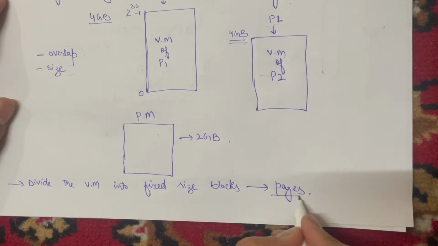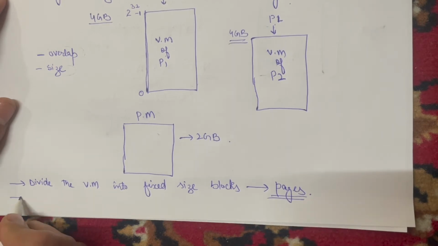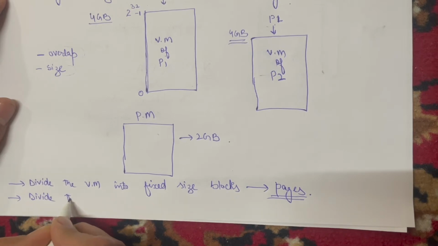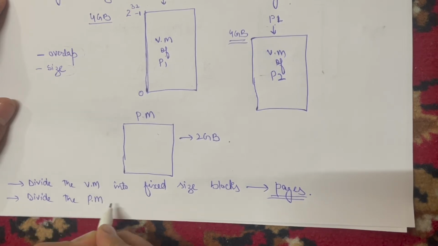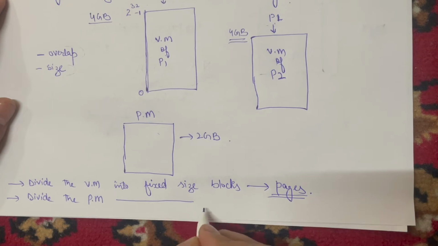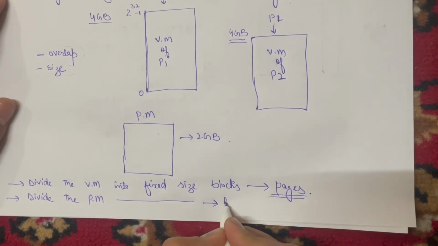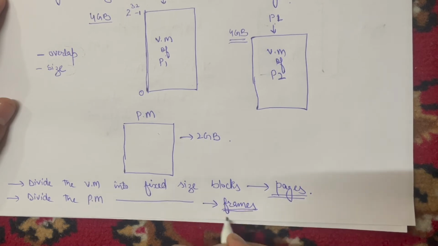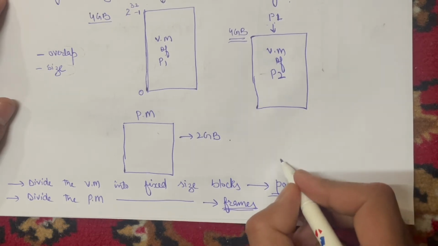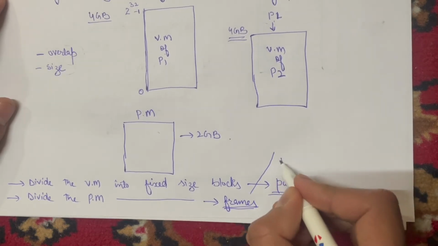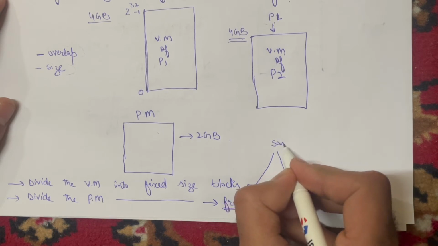Also divide the physical memory into fixed size blocks, and those blocks will be called frames. These are the blocks of the physical memory and these are the blocks of the virtual memory, and you have to keep in mind that the size of a frame and a page is the same.